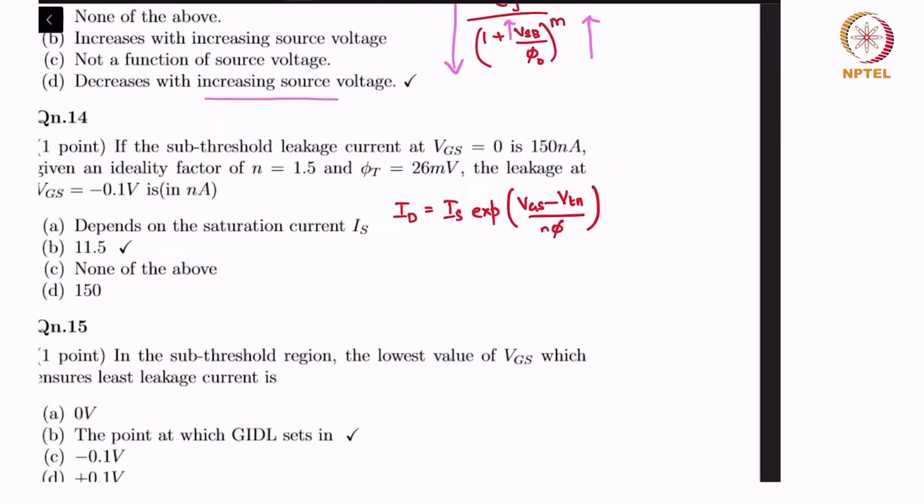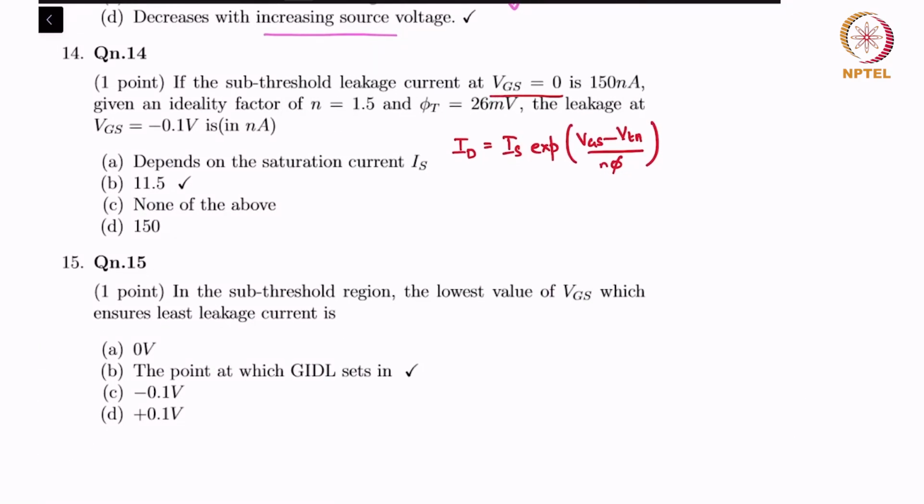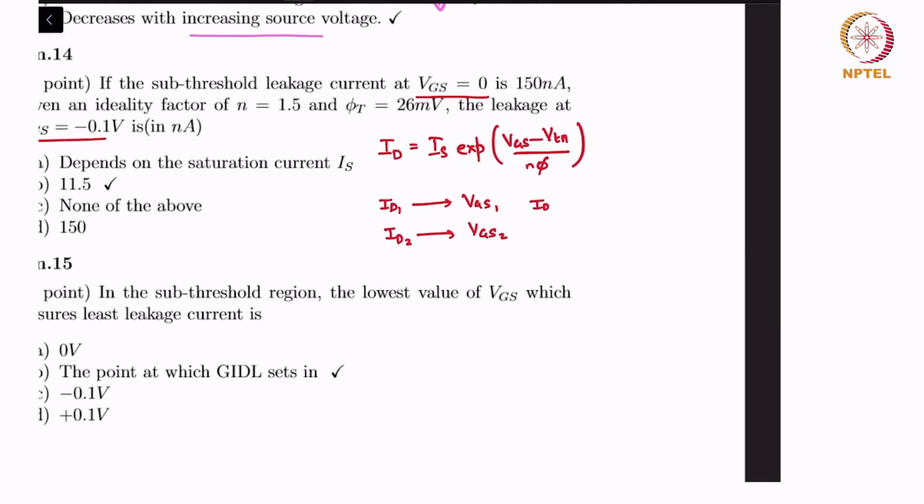So we are given the subthreshold leakage at 0 volt VGS and are asked to find what it is at minus 0.1 volt VGS. Let's say ID1 is the subthreshold leakage at VGS1 and ID2 corresponds to that of VGS2. Then we get ID1 by ID2, and it's not hard to see that this is exponential of (VGS1 minus VGS2) by n phi t from this formula.